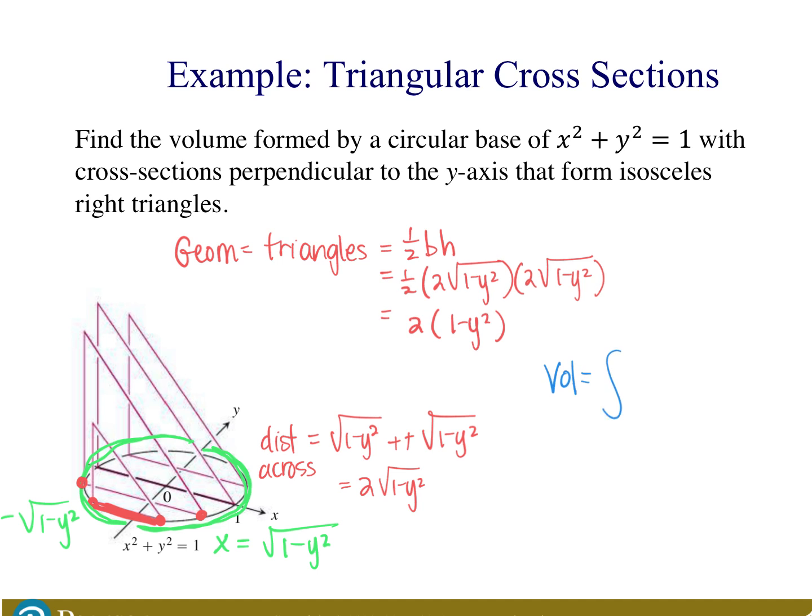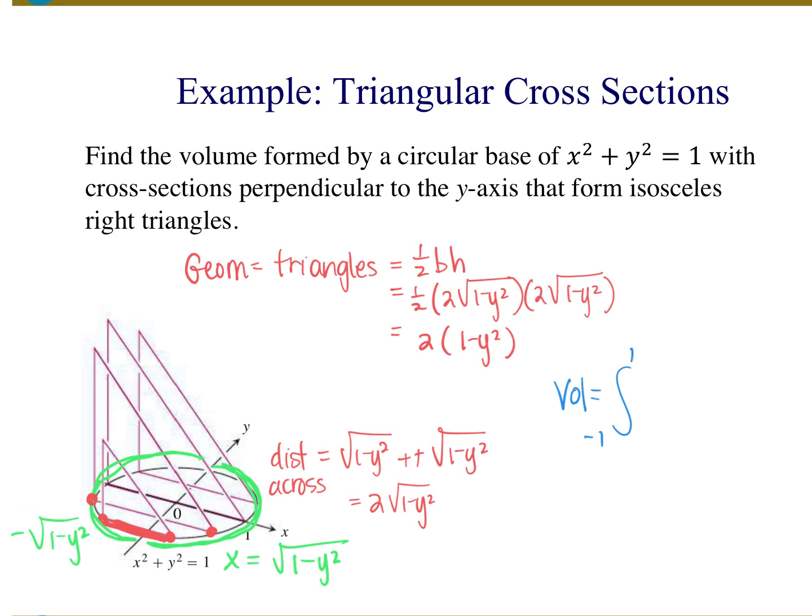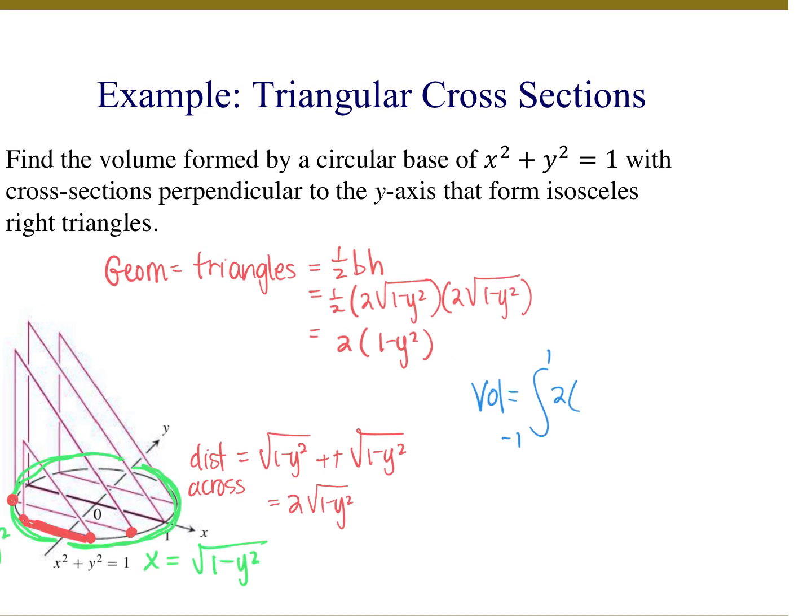And so your volume will be, what are the bounds of the whole circle side to side? Very good. Negative 1 to positive 1. It's a circle. And then we'll take 2 times quantity 1 minus y squared, and we're using the letter y, dy.